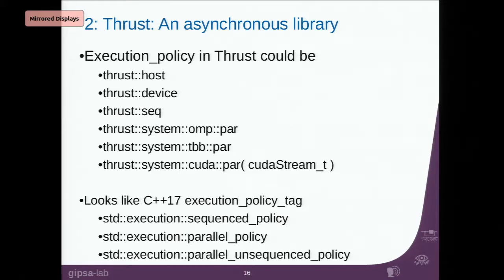And finally, you are able to provide an execution policy which is asynchronous through the use of a stream you may have declared earlier. For people that know about C++17, this concept is exactly the same as the one that you can find under the execution policy tag in C++17, where, yes, I took examples from the C++17 syntax.